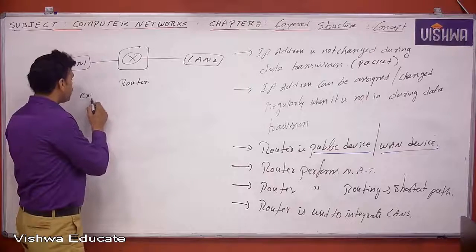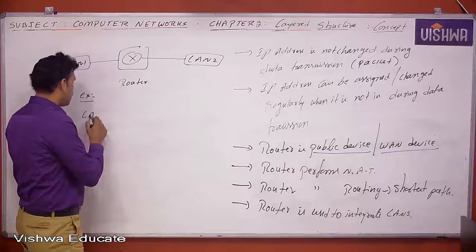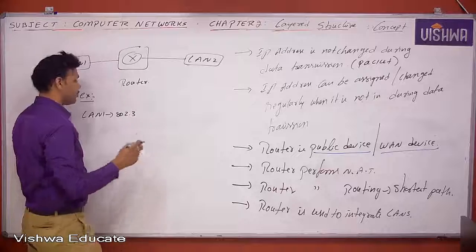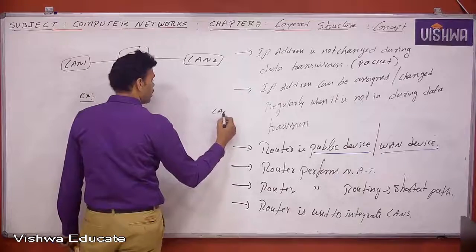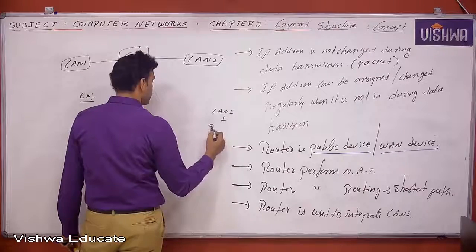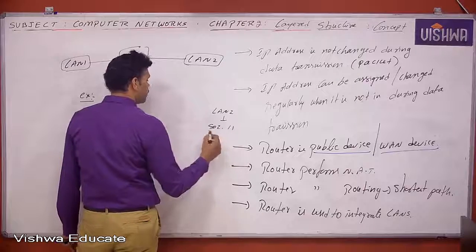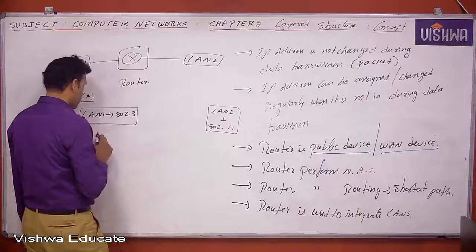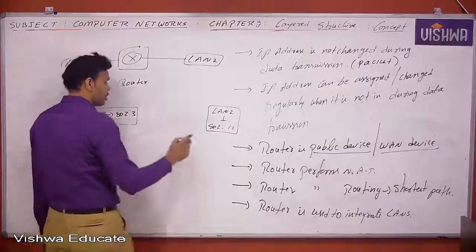For example, LAN 1 is 802.3, this is a MAC, and LAN 2 is 802.11, this is wireless.